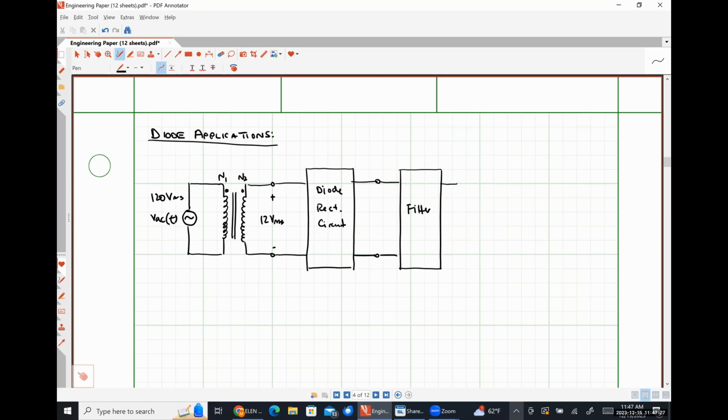And then the output of our filter might be fed into a voltage regulator, such that the output of this system as a whole would be some DC voltage.